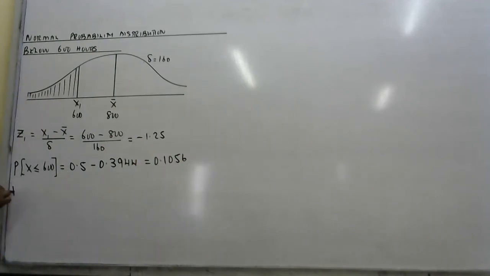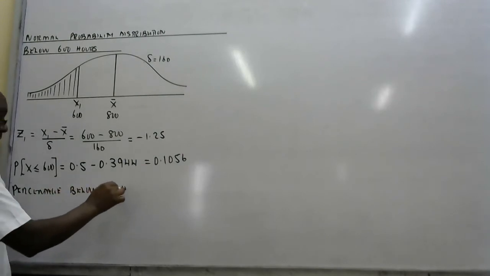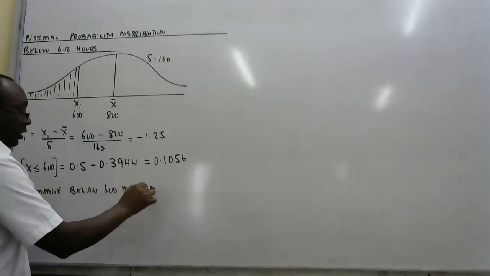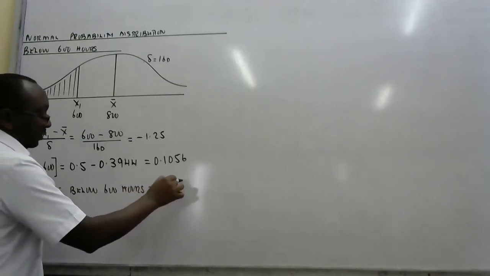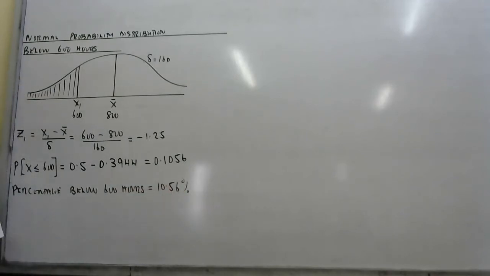So the percentage below 600 hours is 10.56%.